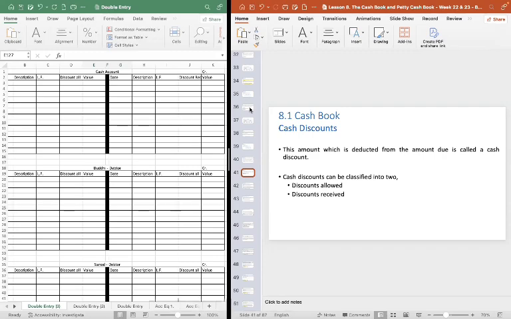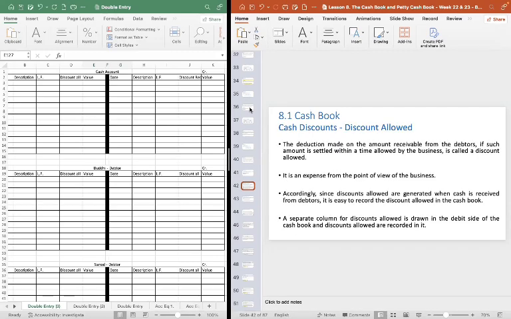From the buyer's perspective, when they receive the discount, that is discounts received. We discussed this yesterday. Then the argument was where to record these discounts. We record them in a separate column in the cash book. But what is important is that the separate column we write for discounts allowed and discounts received is just a memorandum column.